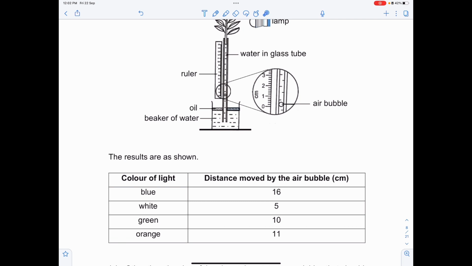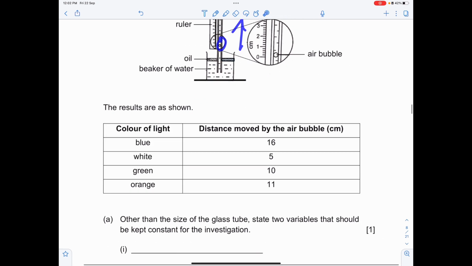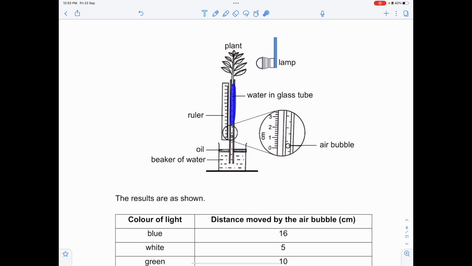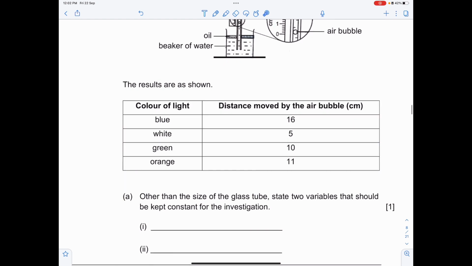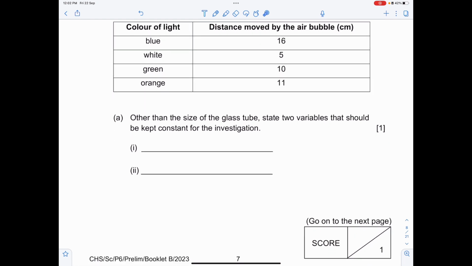Trust me, I teach it all the time. So basically, what happens here is that the bubble will go up. So in this case, because blue is the one that moves the most, it tells me that the amount of water being used is the most. And hence, the rate of photosynthesis is the greatest. Alright? I've unpacked this whole experiment for you.